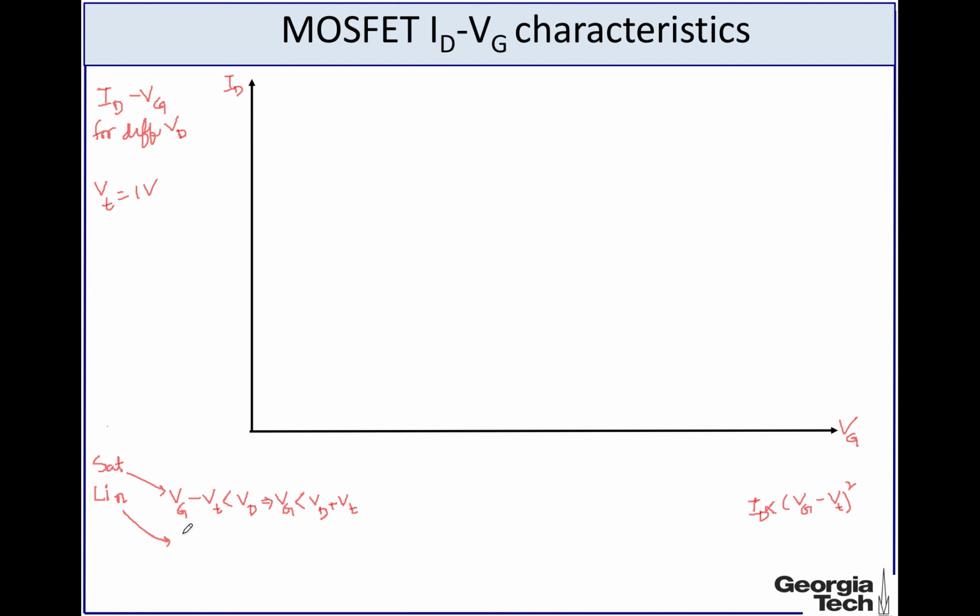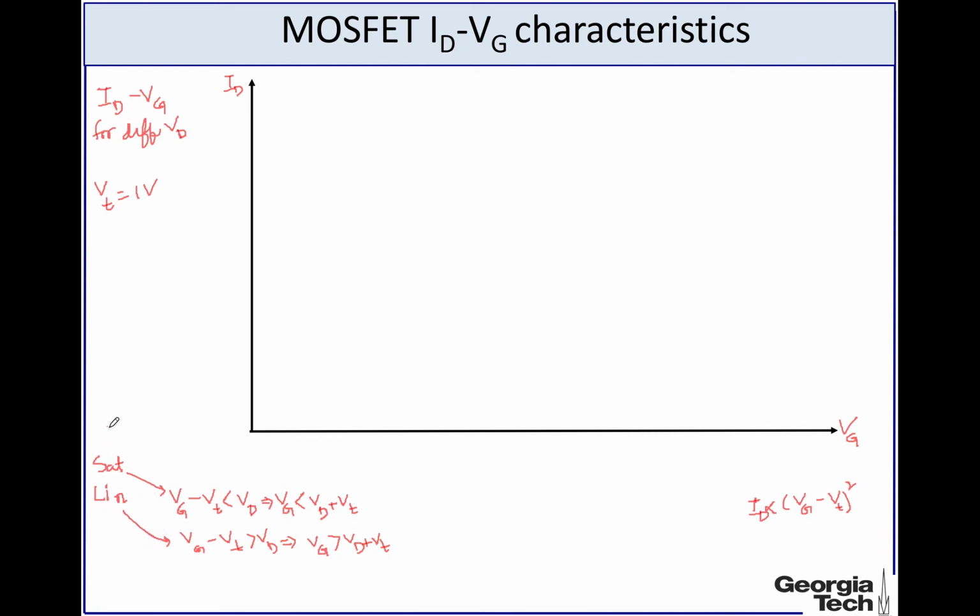In the linear region, Vg minus Vt is larger than the drain voltage, which means that our gate voltage is larger than Vd plus Vt.